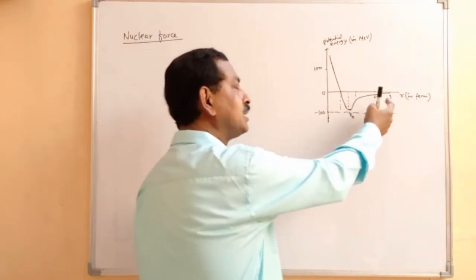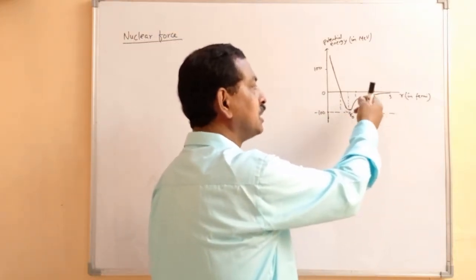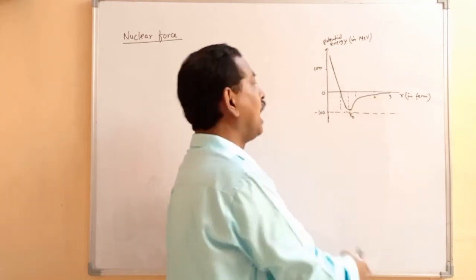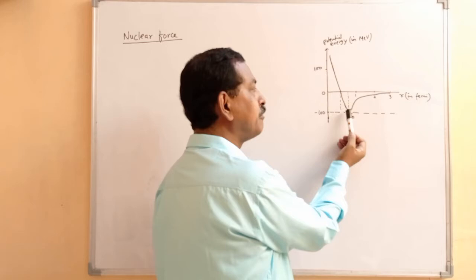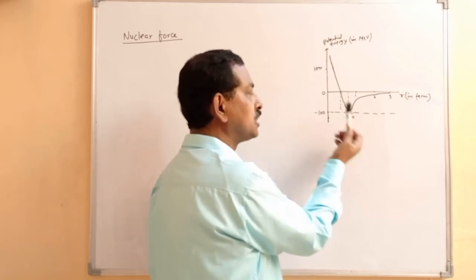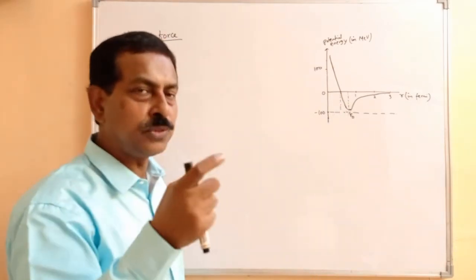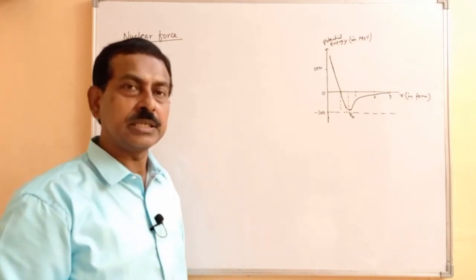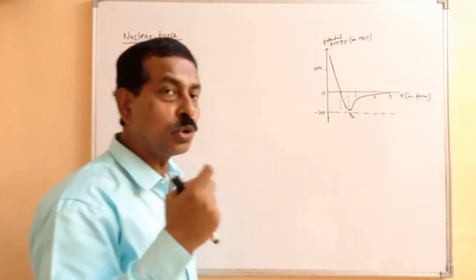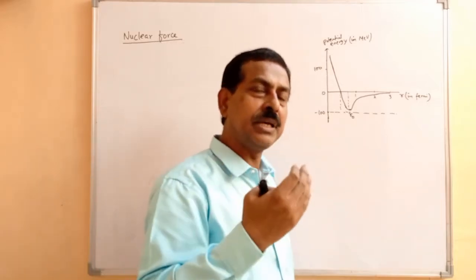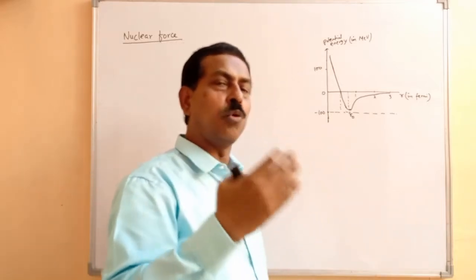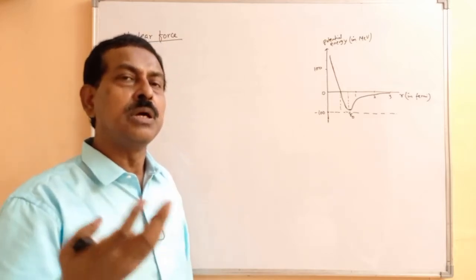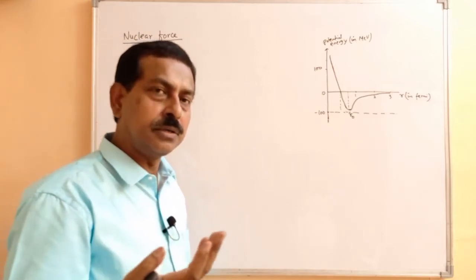As the separation decreases, the potential energy definitely decreases, and it acquires a minimum value at the separation, say R0. This is the point where you have the nucleons in the nucleus. There the force is definitely attractive, which is overcoming all the other forces, like the repulsive electrostatic force.